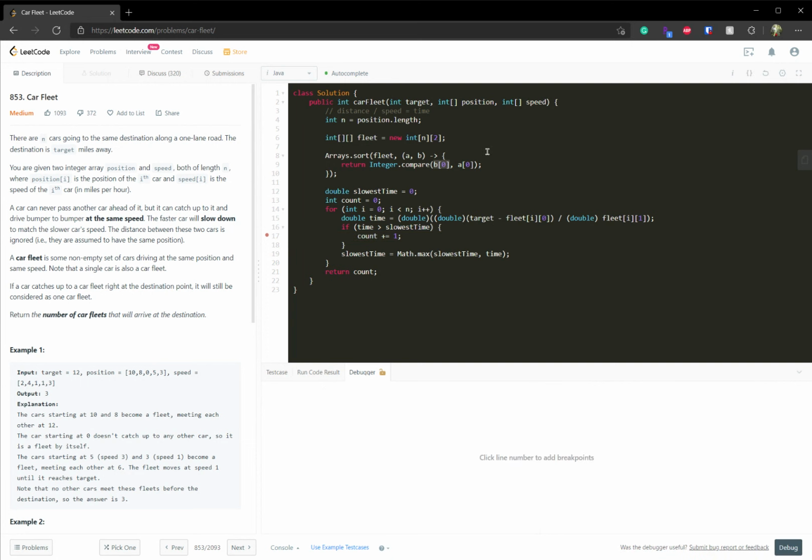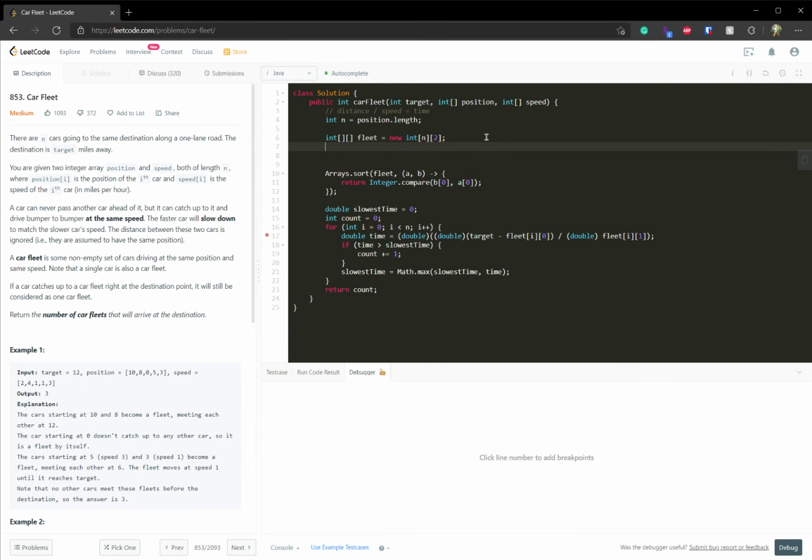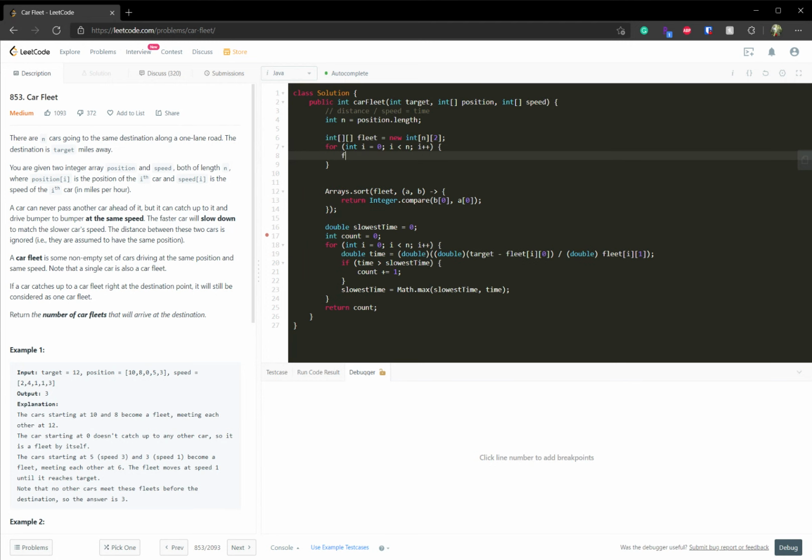Oh, okay. First, we need to populate the fleet, of course. We need to populate the fleet with the position and speed.